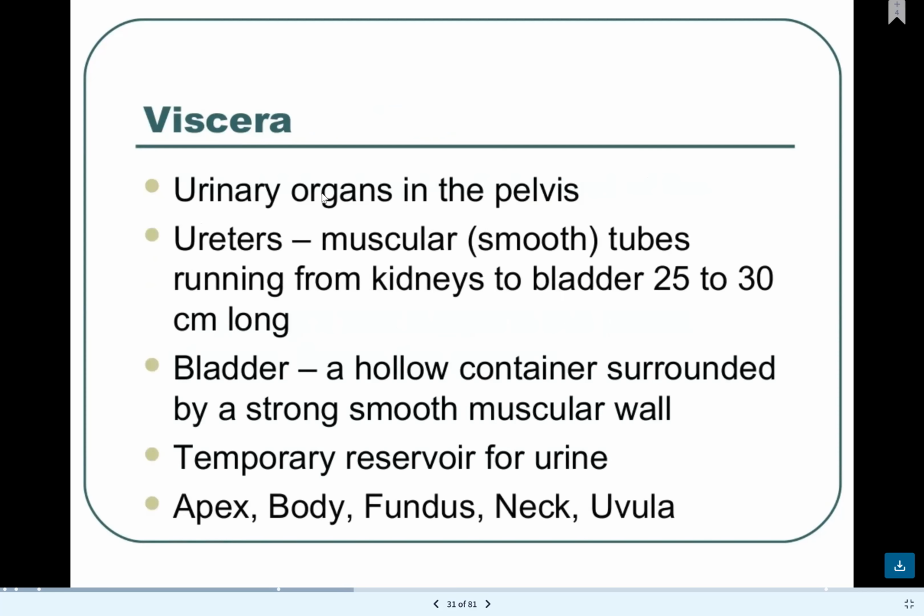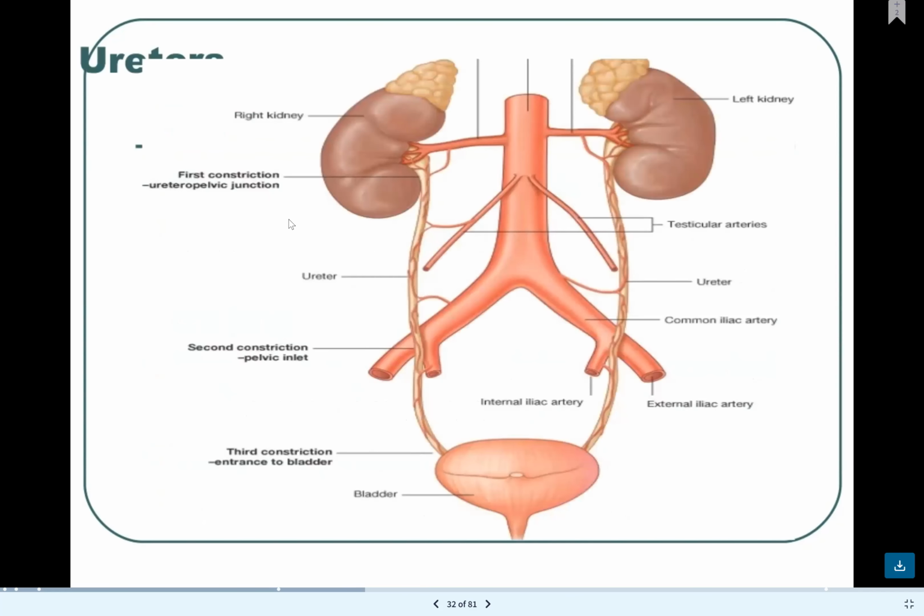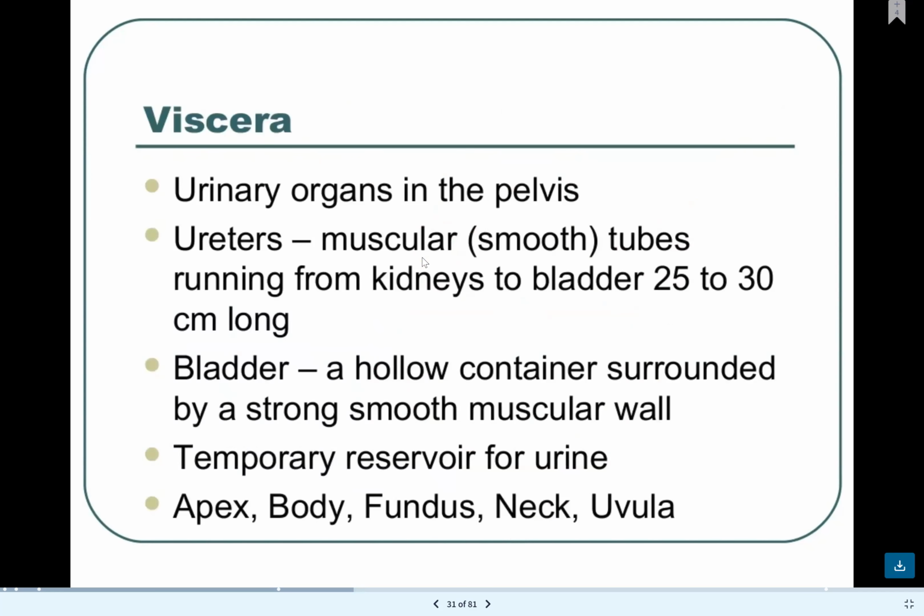Now, what can we see in the pelvic cavity? We can see the urinary organs in the pelvis: ureters, bladder, and these are the main things. All these things that we see here will be found in the pelvic cavity, except the kidney.